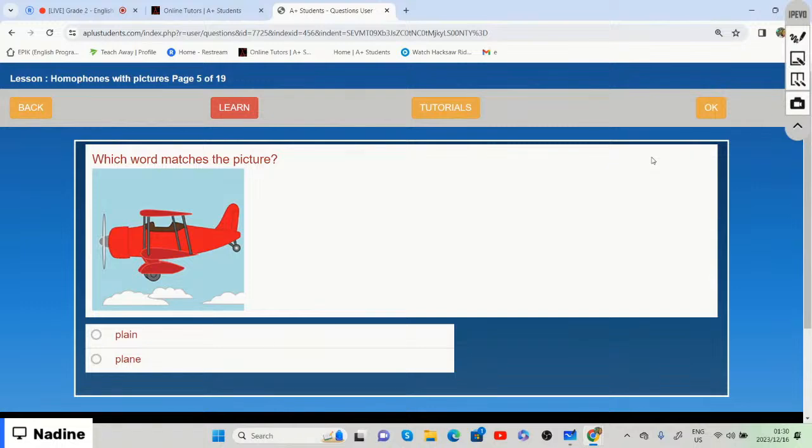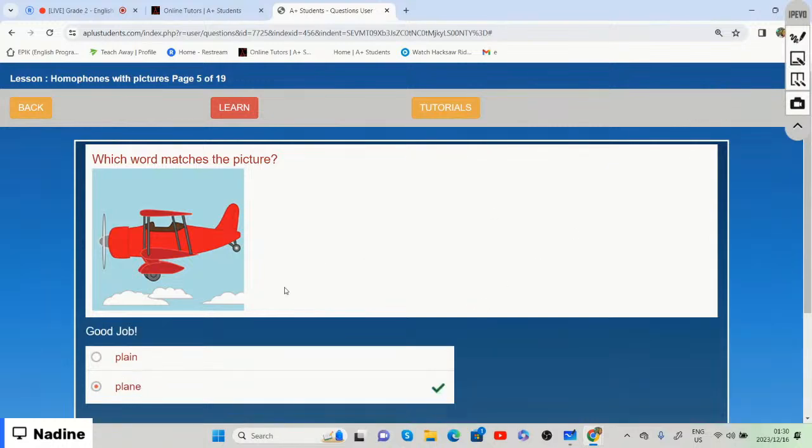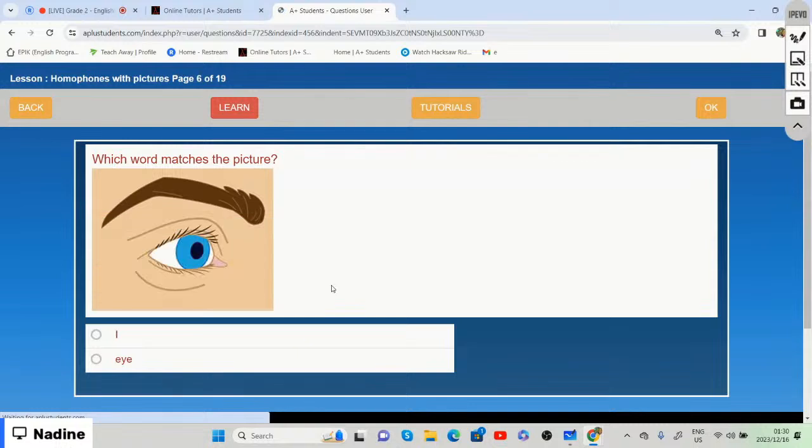So if we choose one of the options, we'll go for the second option, which is plain, right? This is short for aeroplane.